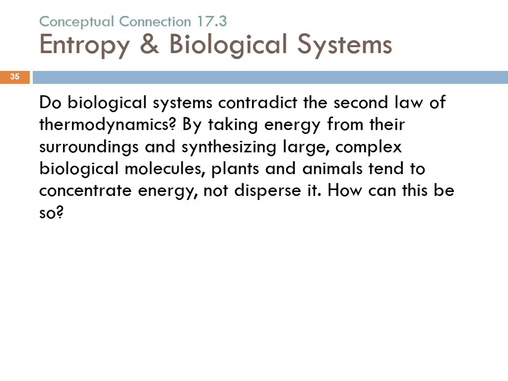So even though the change in entropy for the system, the mouse is taking oxygen from the air and water and proteins and glucose and things from its food, and it's making more complicated molecules. That is a negative change in entropy. And it's often concentrating the energy in that as well.